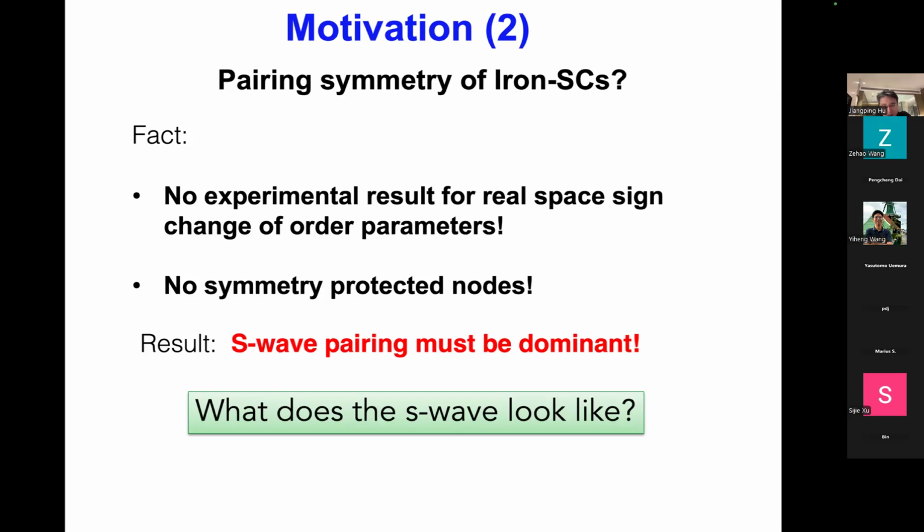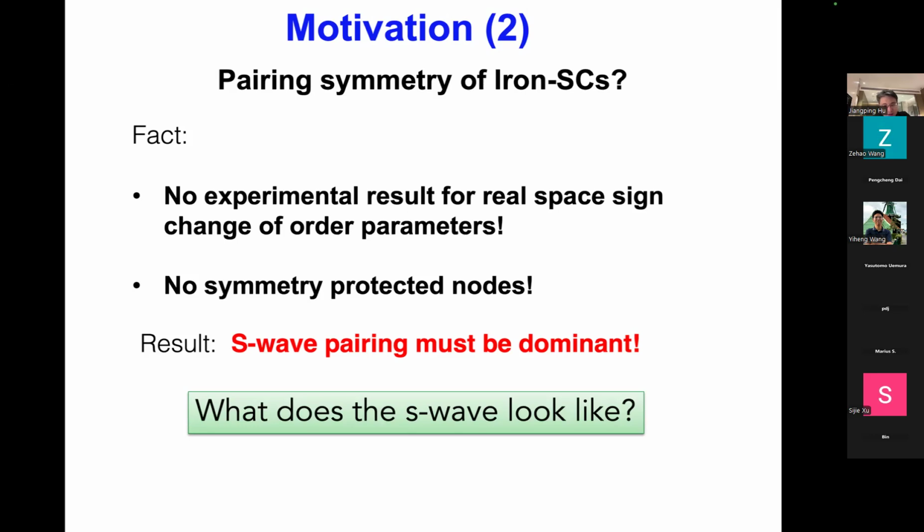So we do not have, like in the D-wave superconductors, a phase-sensitive measurement to prove that in iron superconductors there is a sign change. Also, I think it's clear that there are no symmetry-protected nodes like in a D-wave superconductor.